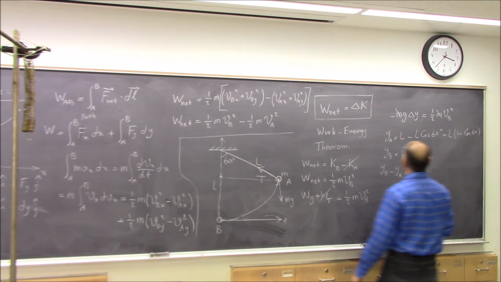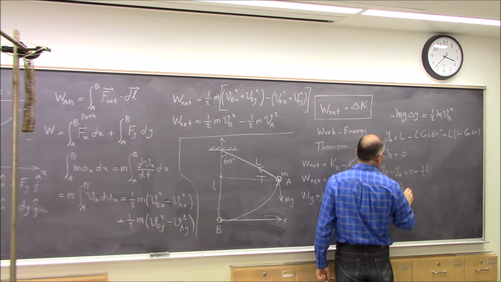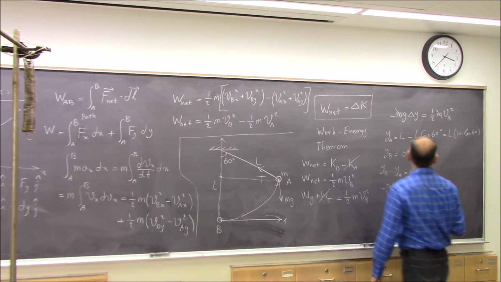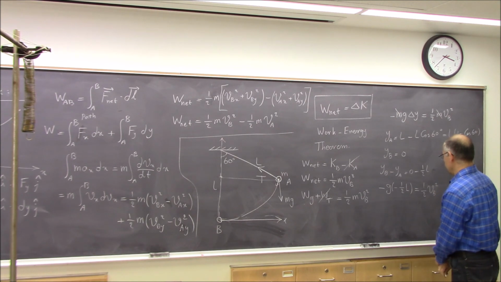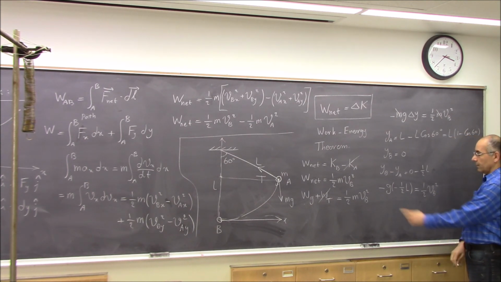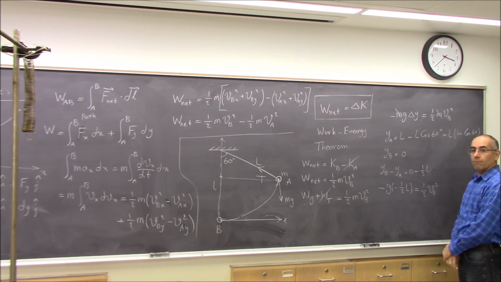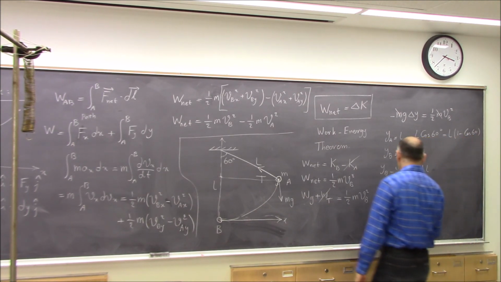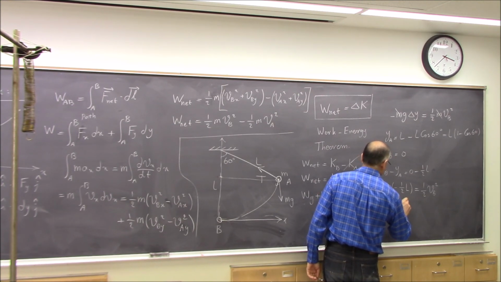So it becomes negative g times negative one-half L equal to one-half V_B squared. The negatives cancel, the one-halves cancel, so V_B squared becomes g times L, and V_B is the square root of gL.